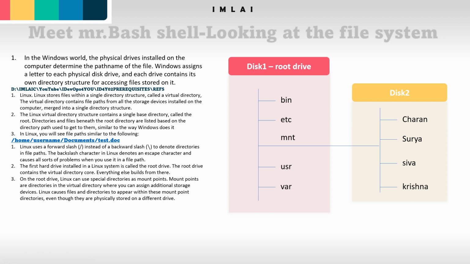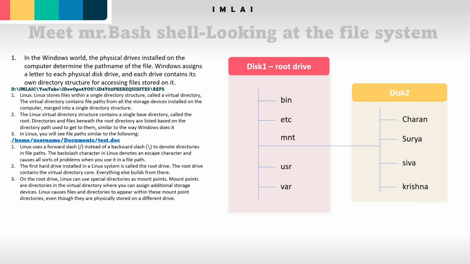And Charan, Surya, Shiva, Krishna are some users attached to disk 2 physically. Whatever data you store in Surya's folder will be stored physically in disk 2, and whatever you store in var will be stored in disk 1.